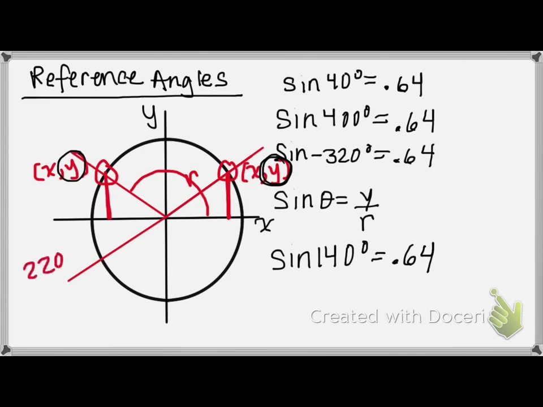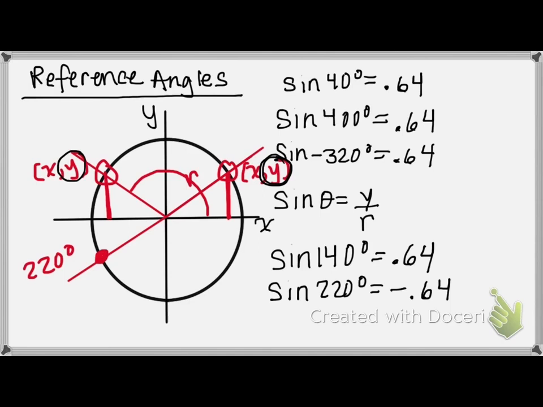That's 220 degrees down here. And then this y coordinate down here is the opposite of this other y coordinate. So with that said, would you understand that I could make the statement that the sine of 220 degrees is equal to negative 0.64?